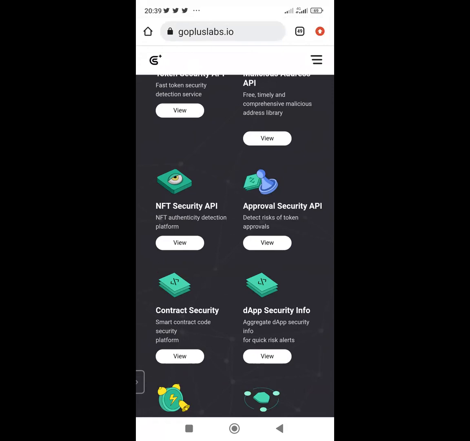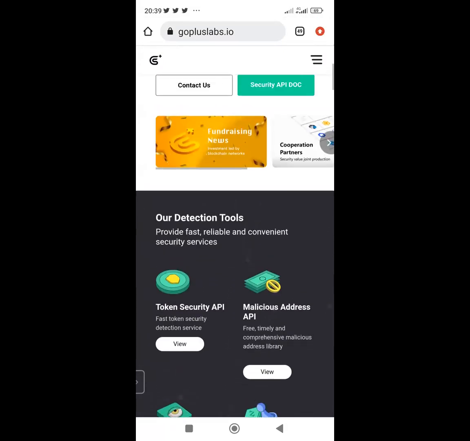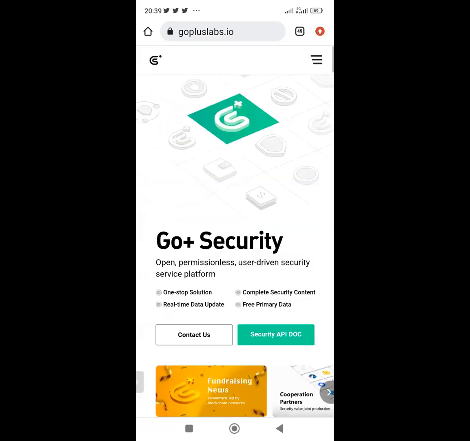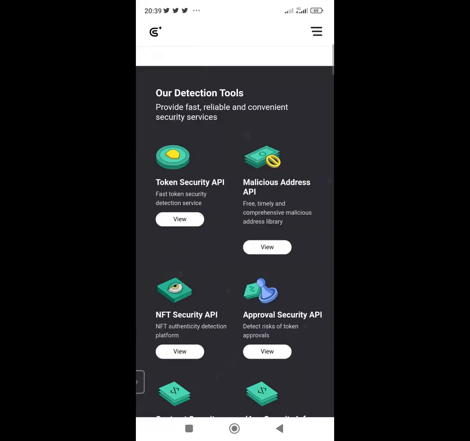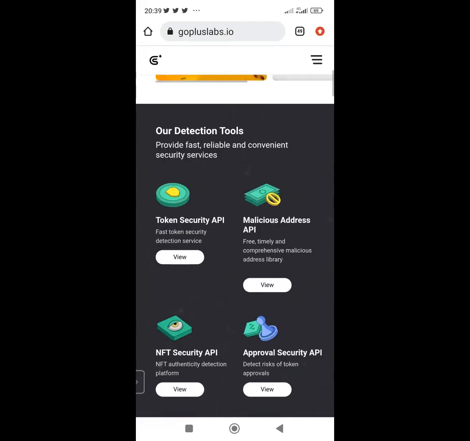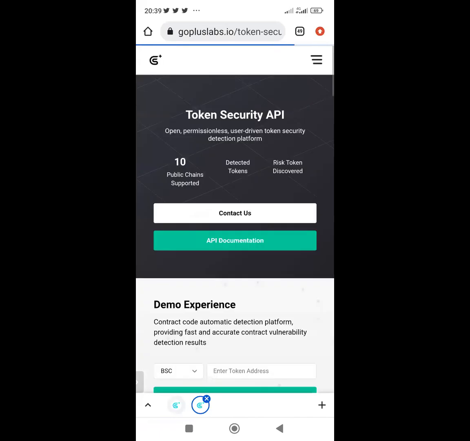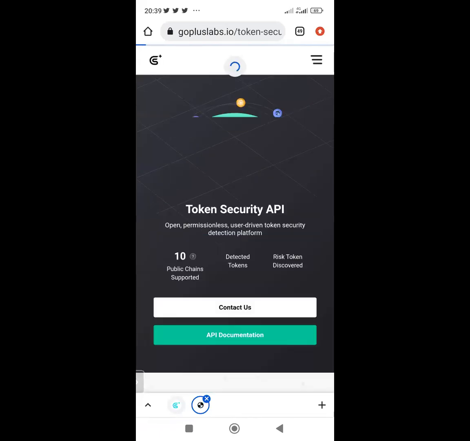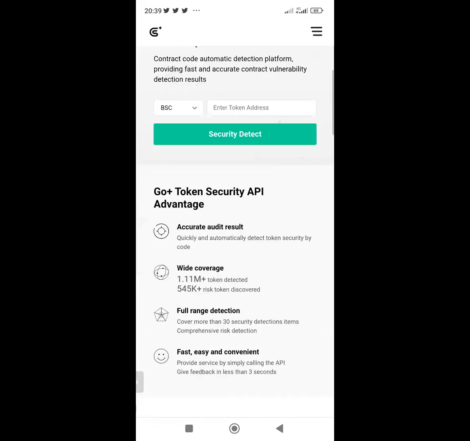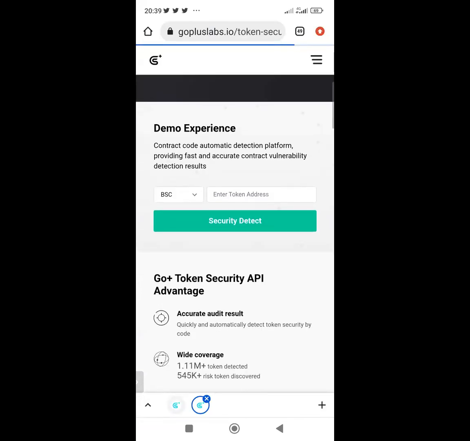Okay, let's say, look at this. You can actually check for coins, the security level of a particular coin. Let's say, look at, you have tokens. Look at this. I clicked on token now. And then you can see BSC here.